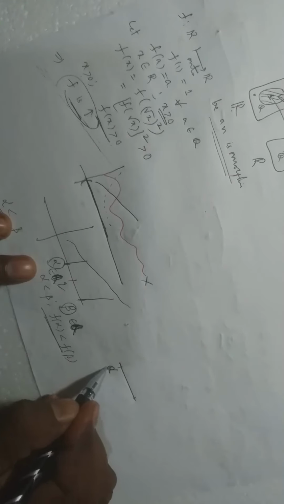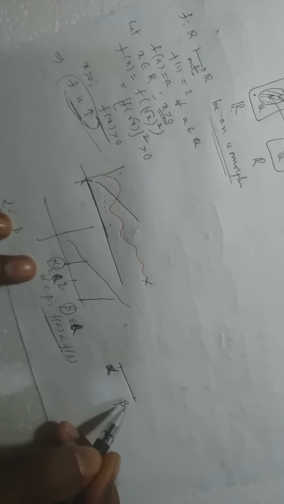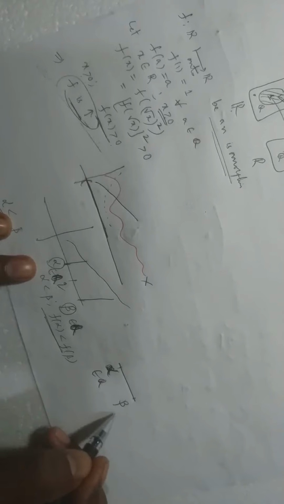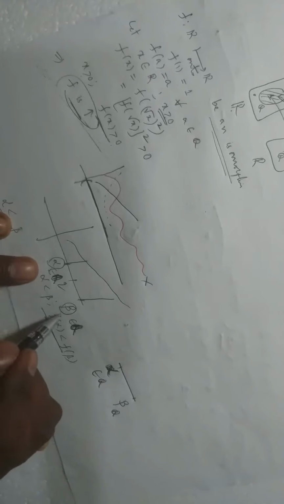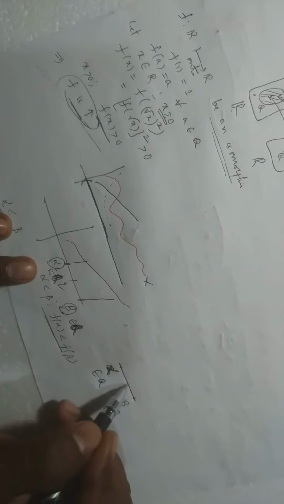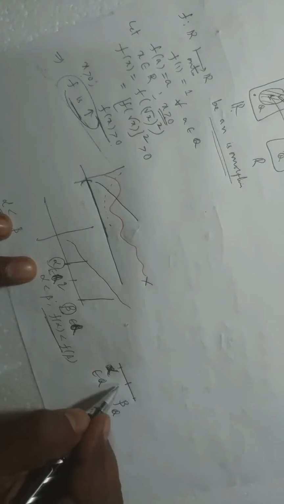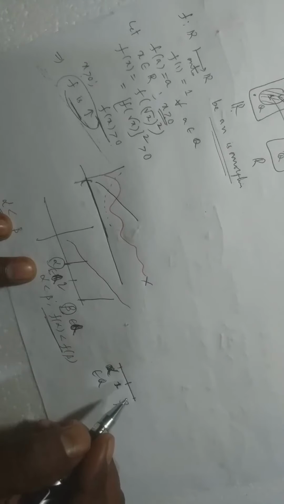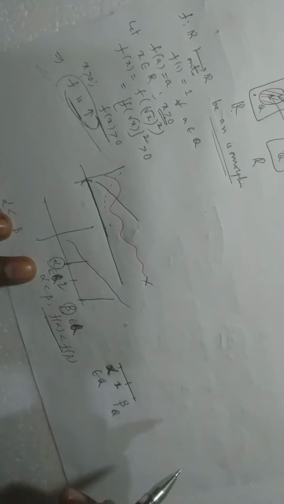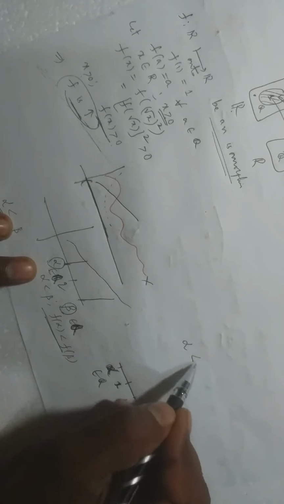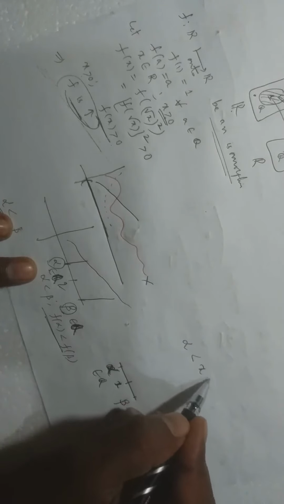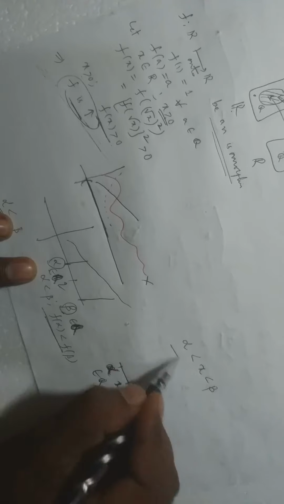Let me say one is alpha, another one is beta, which are rationals. In between you can find a real. Let me say that real is some x.